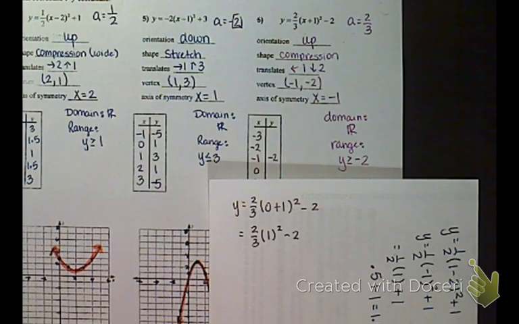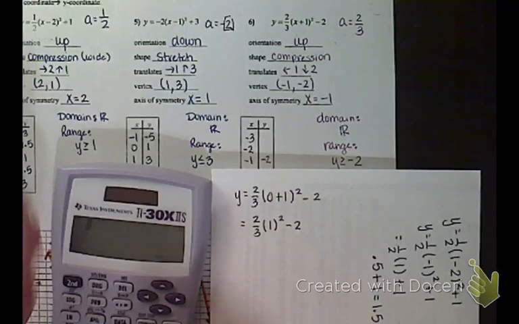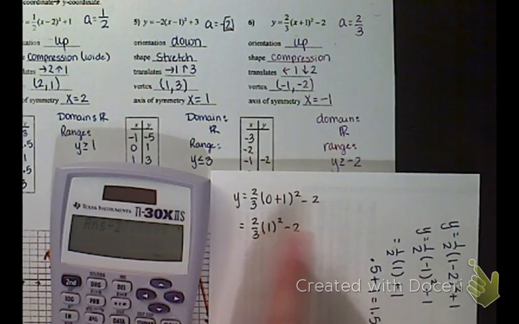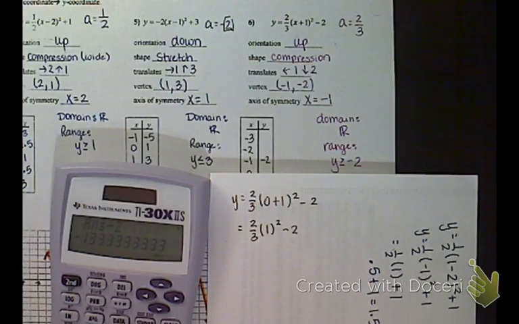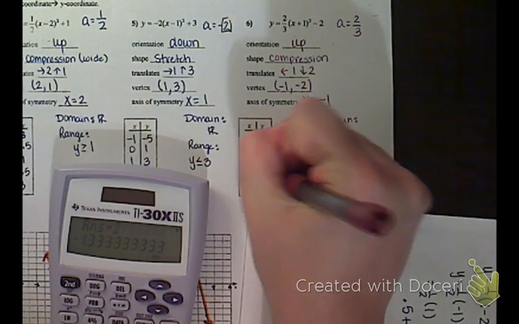Now, because we're graphing, it is logical to put this as a decimal. Okay, so in your calculator, I would figure out what 2/3 is. Okay, so 0.67, and I'm going to subtract 2 from that, right? Because 0.67 minus 2 gives me a -1.3. So if I plug in 0, I get a -1.3.